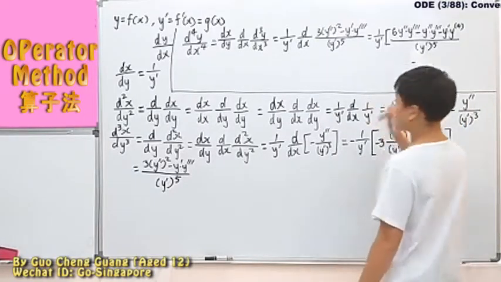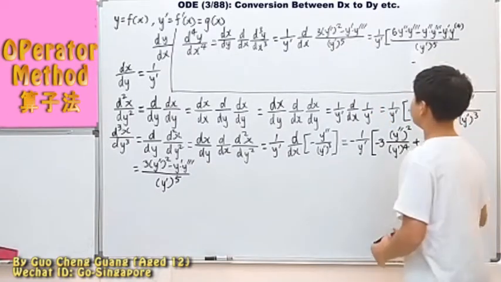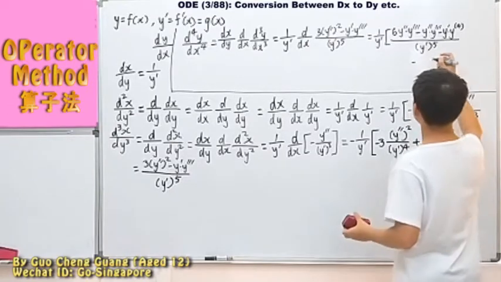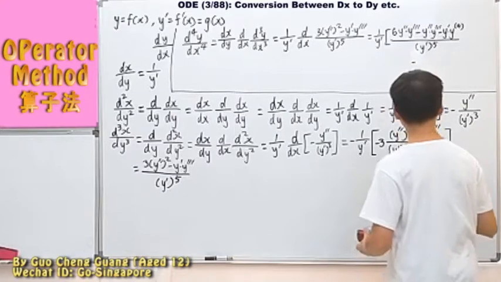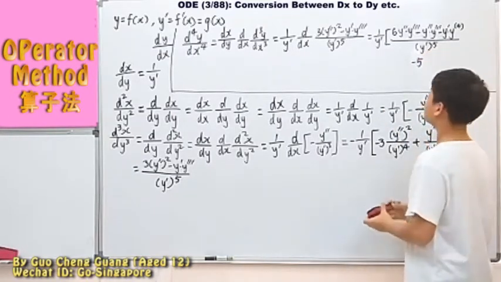So for the second part of the product rule, that means we're differentiating this denominator. So we're going to differentiate this denominator. That means here is actually to the power negative 5. So that means you have a negative 5 out here.